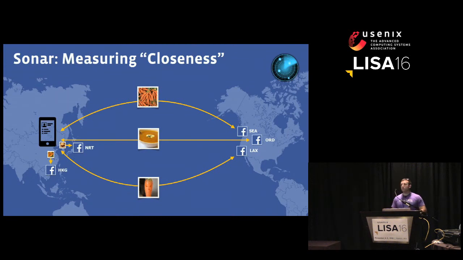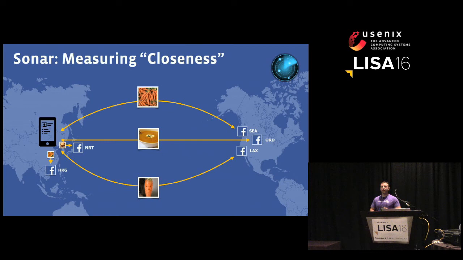So the way we do this measurement is with a system called Sonar. Sonar is a system where basically every 40,000 or so profile pictures that get served to Facebook clients, we send to a suboptimal POP location. So just because you're here, instead of going to IAD or whatever the closest POP is, you might get sent to Seattle or something.